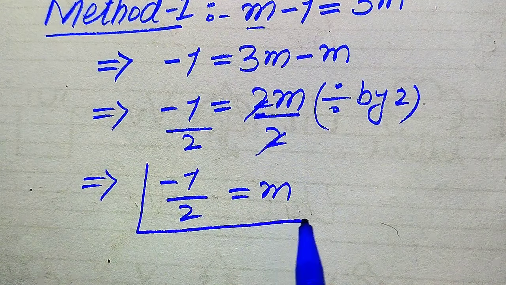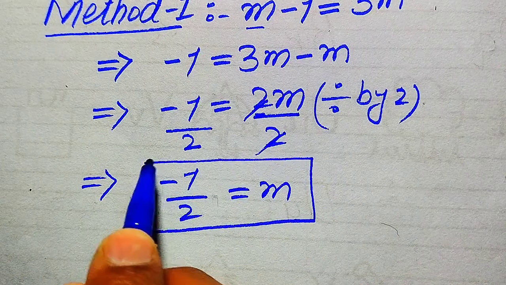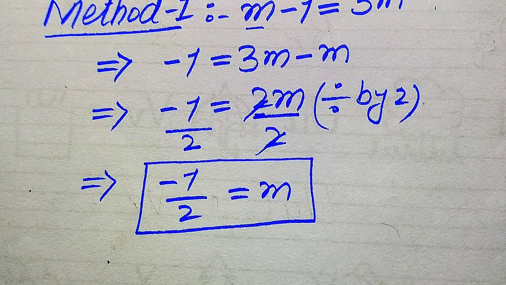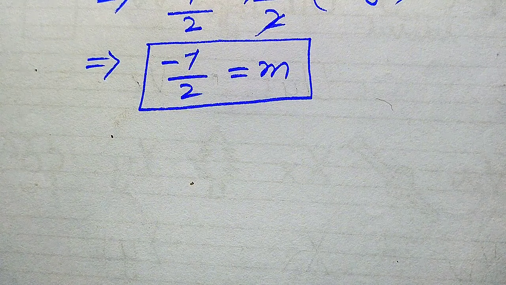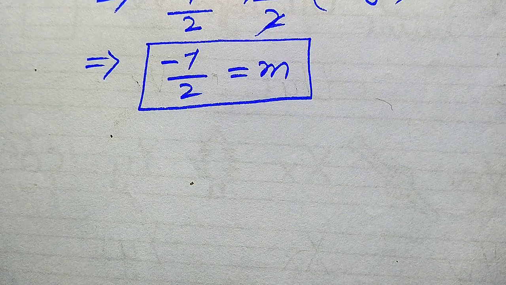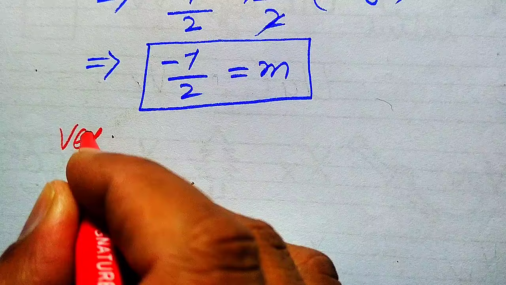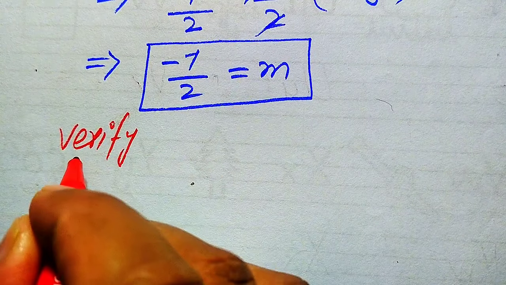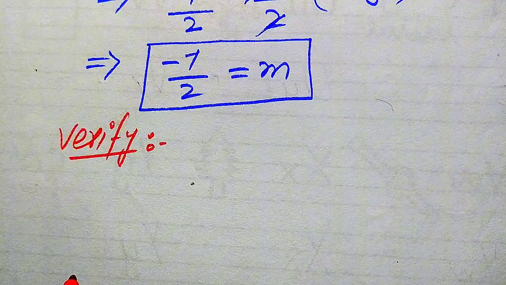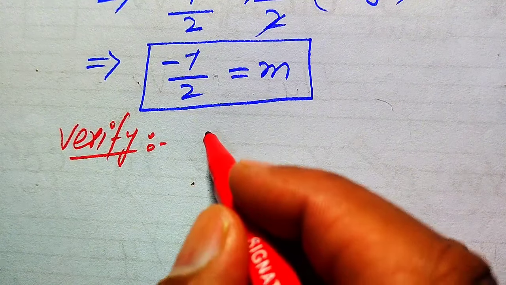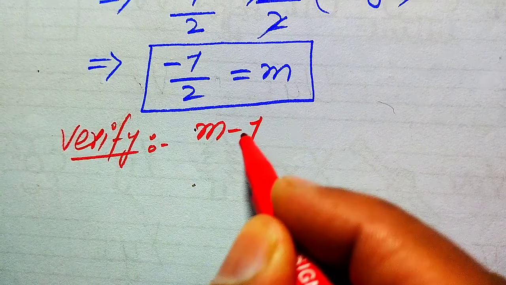So in the first method we get this as the only one root of the given equation, and in the next step we need to verify whether this value of m satisfies our given question statement or not. In other words, we verify whether this value of m is the solution or the extraneous root. So for verification we need to copy down the given question statement.